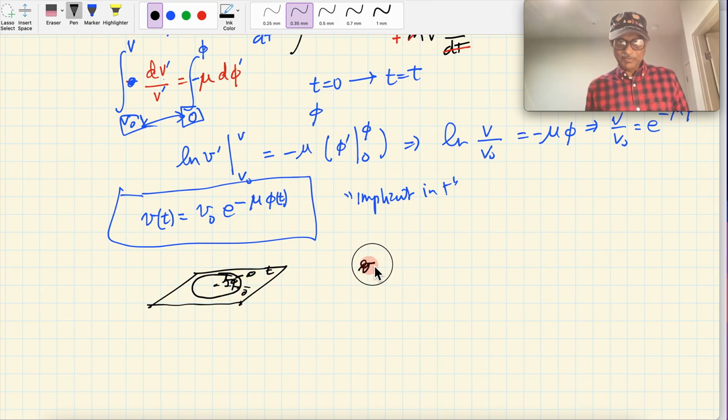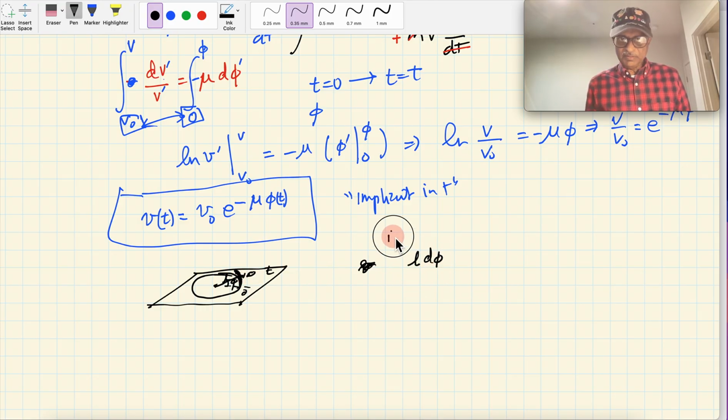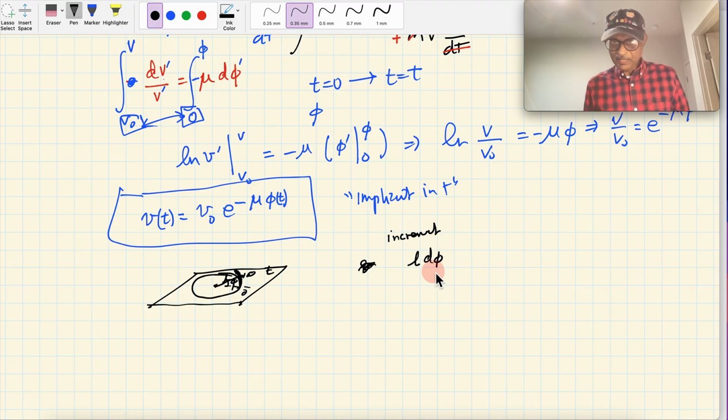I originally worked out theta, so now I'm going to work out phi. If this is L, this distance, then in any small increment, L d phi will be ds along the arc.